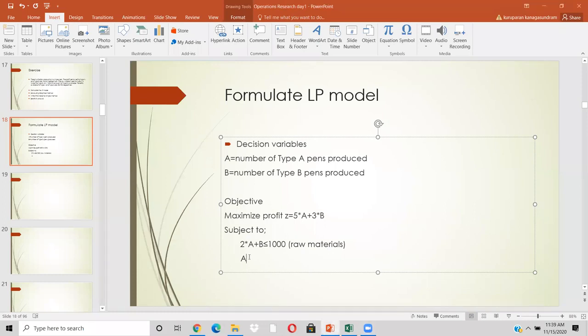The number of refills we have for type A is 400.